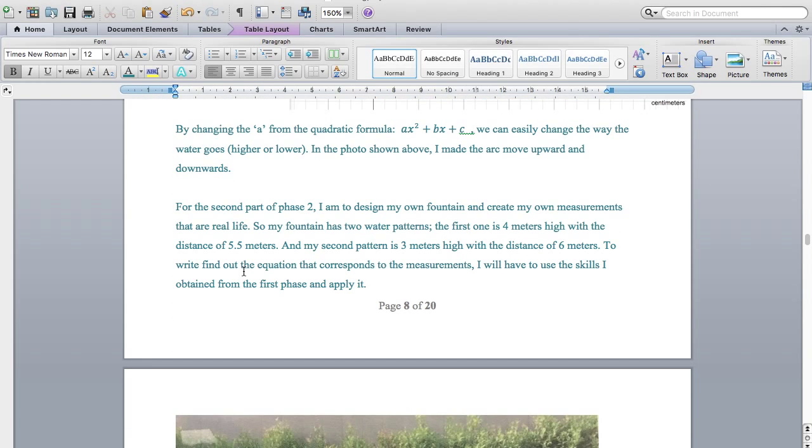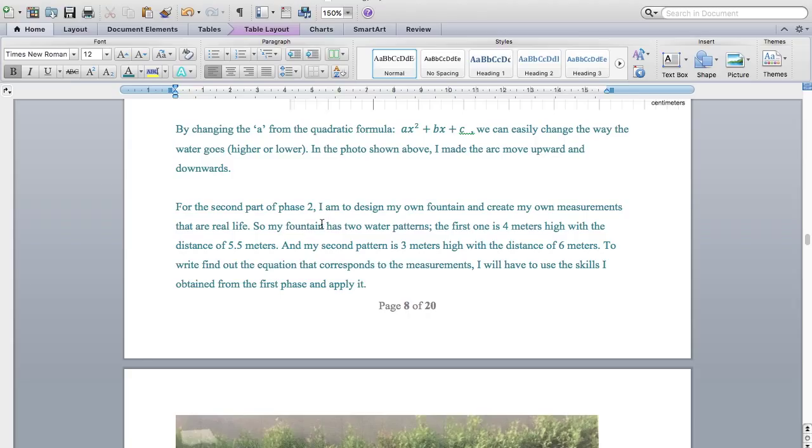And for the second phase of phase 2, part B, I had to design my own fountain and create my own measurements that are real life. And so I created a fountain which has 2 water patterns, and the first one is 4 meters high with a distance of 5.5 meters. And the second pattern is 3 meters high with a distance of 6 meters.